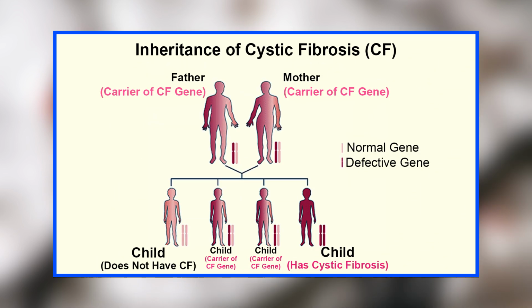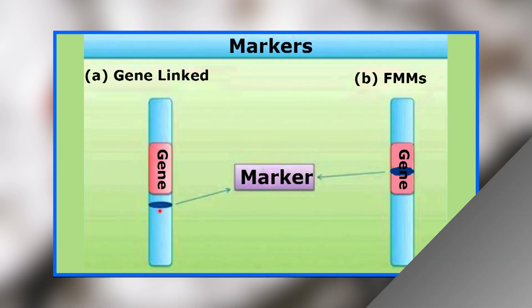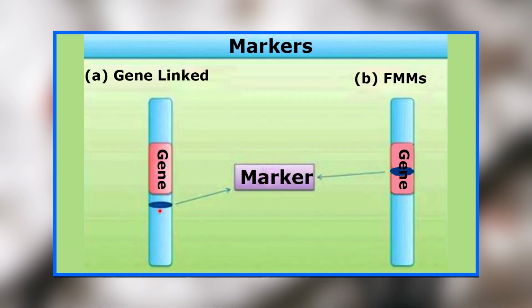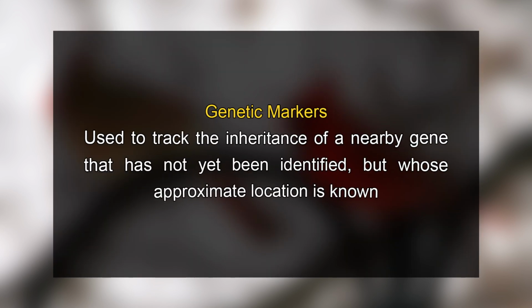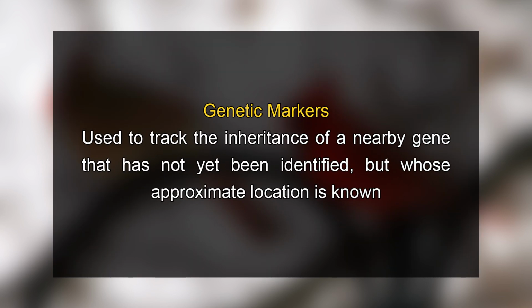Genetic markers can help link an inherited disease with the responsible gene. DNA segments close to each other on a chromosome tend to be inherited together. Genetic markers are used to track the inheritance of a nearby gene that has not yet been identified, but whose approximate location is known.